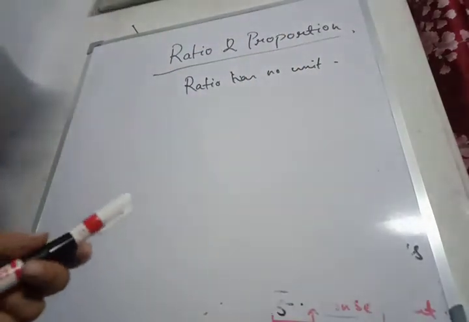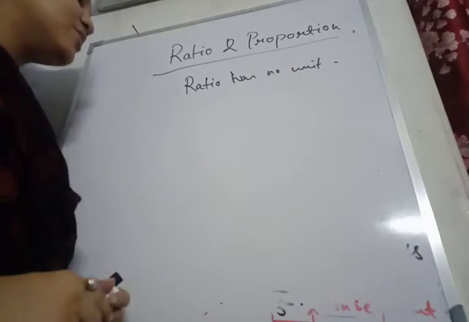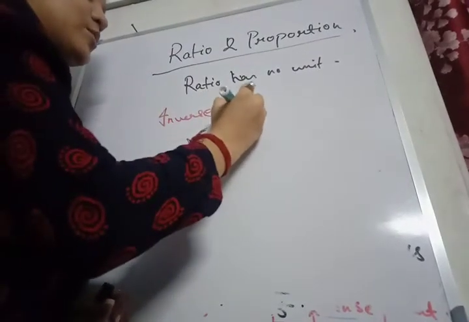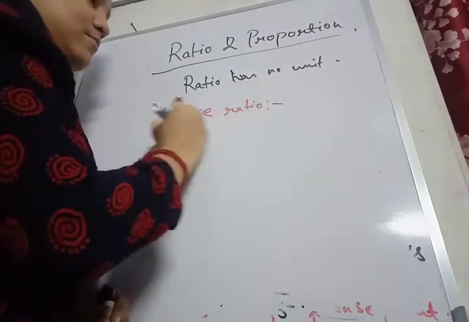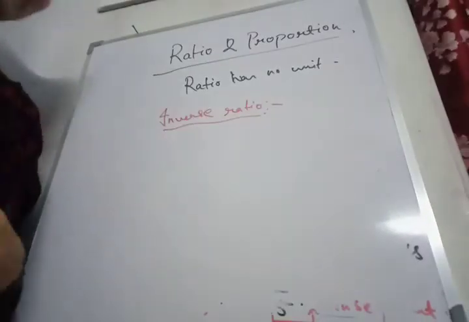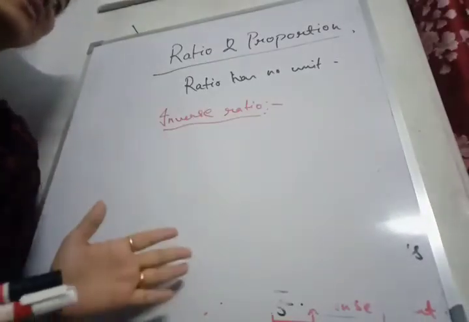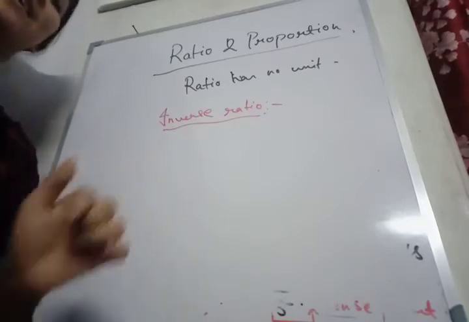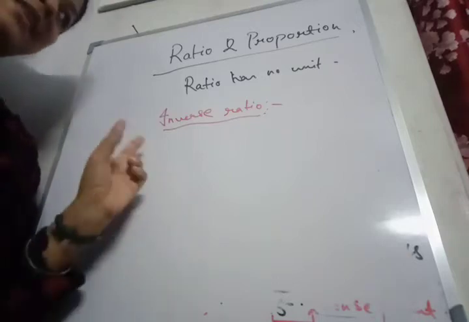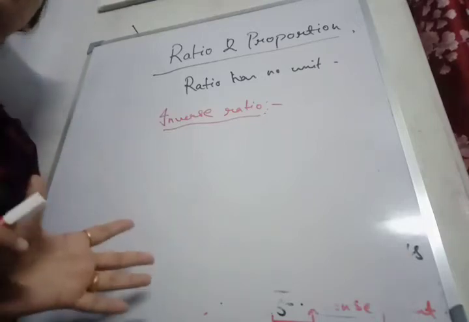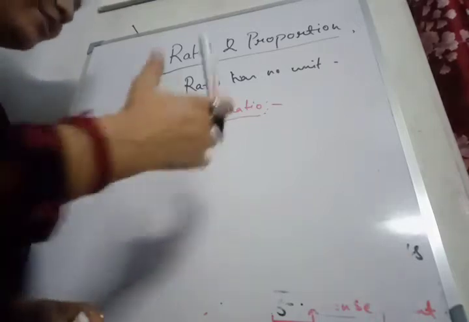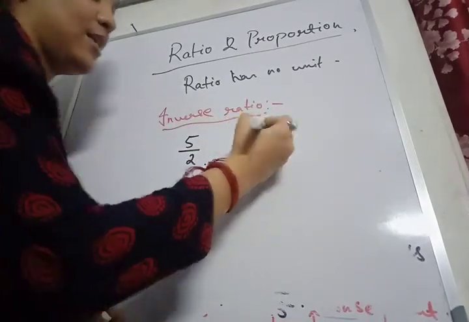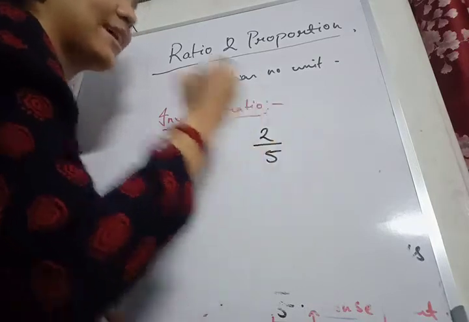Okay. Now next we come to inverse ratio. Inverse ratio is what? It represents a ratio when the antecedent and consequent of one ratio are equal to the consequent and antecedent of the other ratio. That time the two ratios will be inverse of each other. For example, if I write 5 by 2, this is my one ratio, and if I write 2 by 5, this is my second ratio.